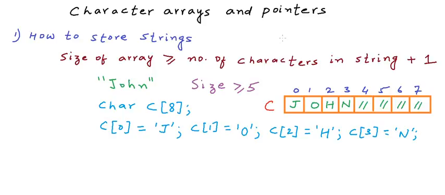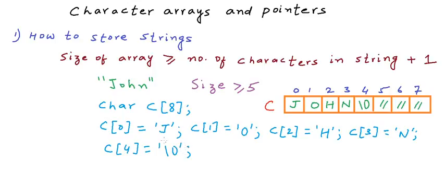To store this information that this is the end of the string in the character array, this is the used part of the string and this is the unused part, we use a simple design. At the end of the string, in the next position, we put a null character. A null character has ASCII value 0, and we can put a null character at position 4 in this example, something like this.